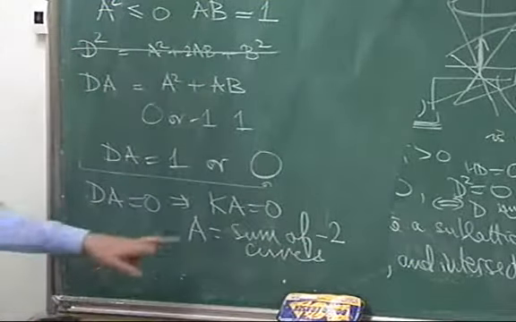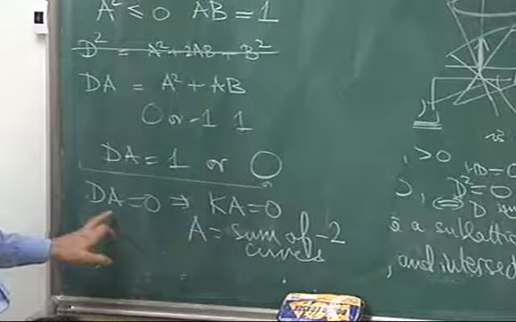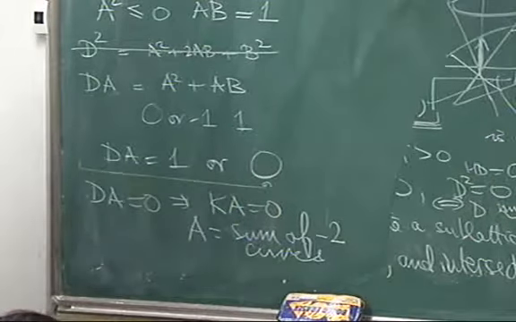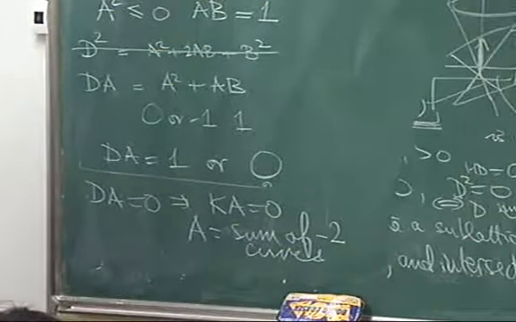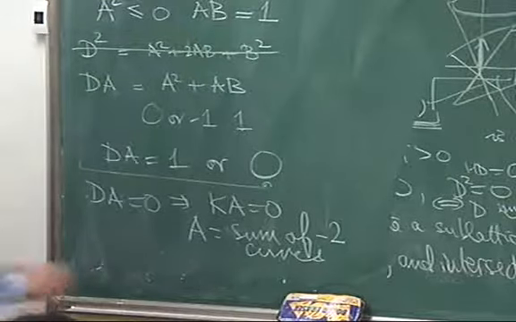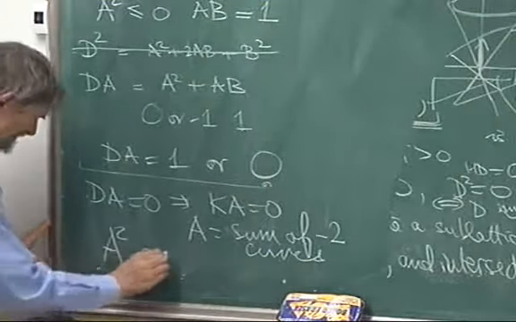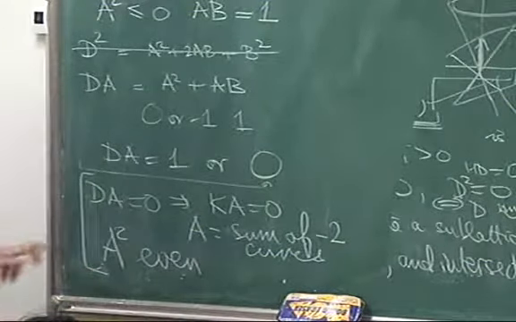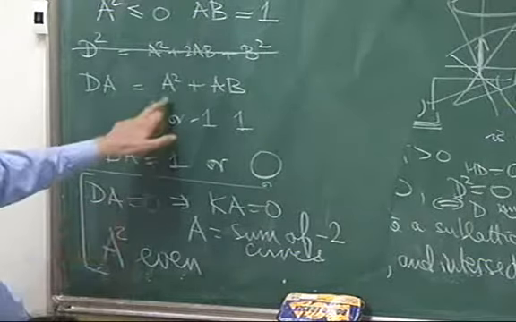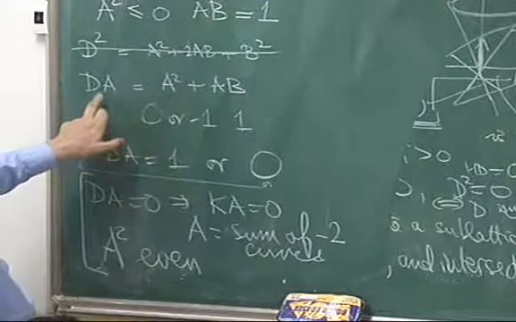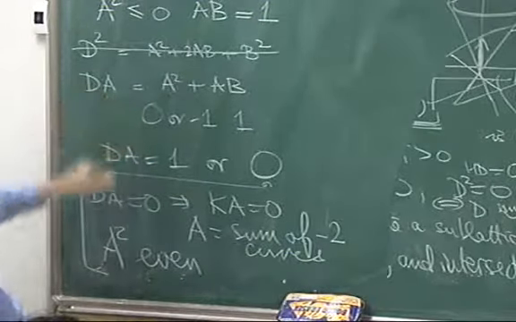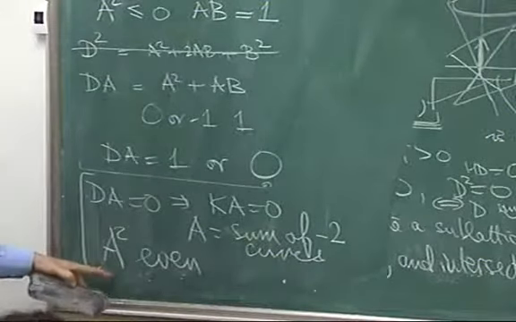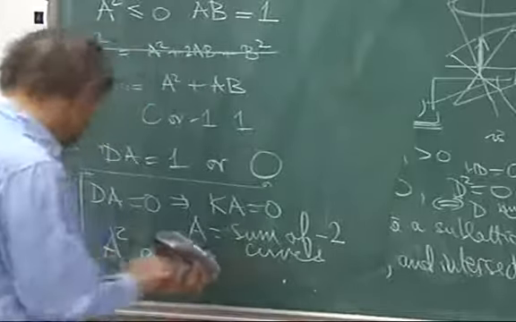So a squared is even. dA is 0 and a squared is even. But that's not very good, because it's not possible for dA to be 0 and a squared to be even. So this is not possible.